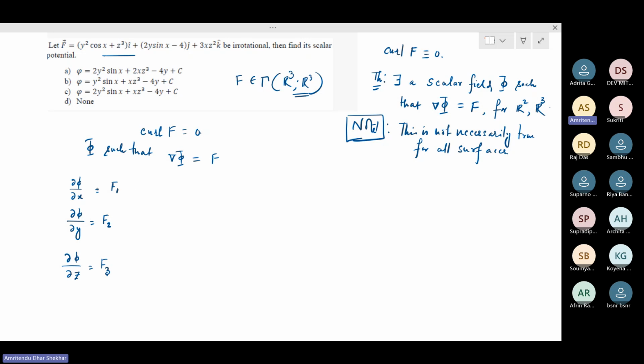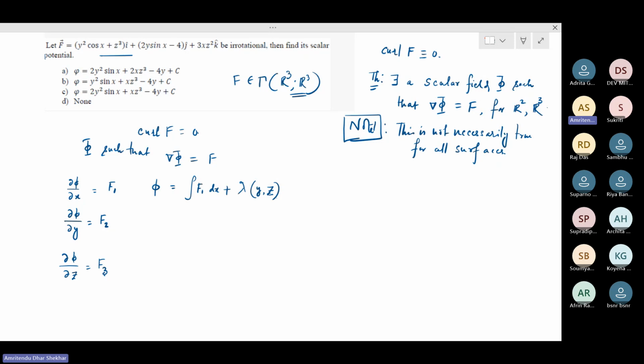For instance, if you solve the first one, you will get phi as basically the integral of f1 dx, plus you must add a function. Let's call that function lambda, and lambda is a function of y comma z. Lambda is a function that you don't really know.